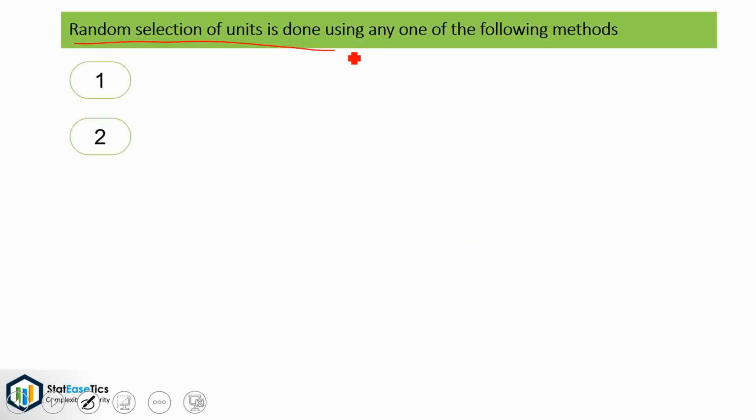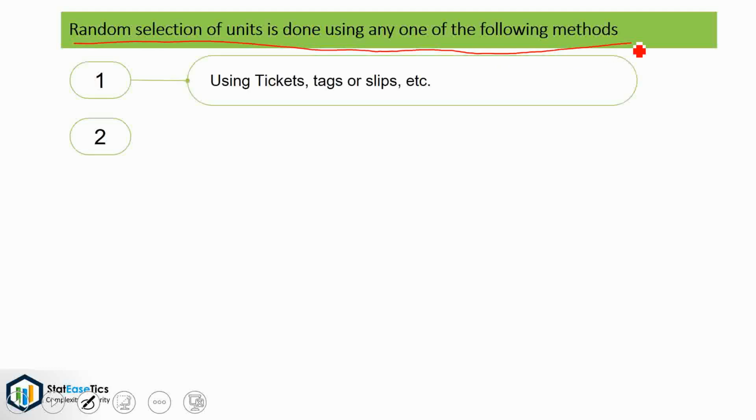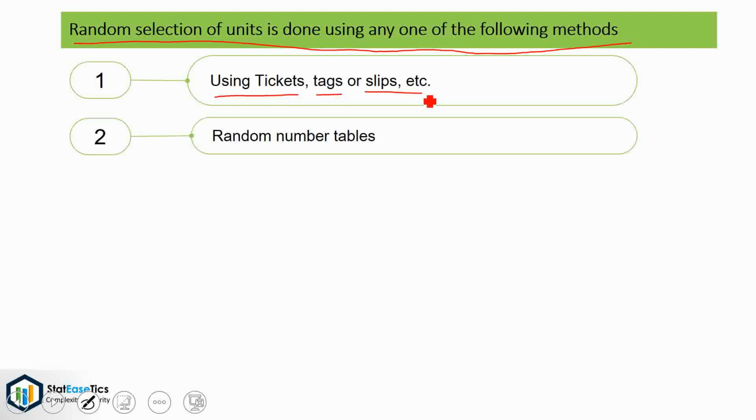Random selection of units is done by using any one of the following methods, for example, using tickets, tags or slips, or through random number tables. In case of using tickets, tags or slips, if we have a population with 100 units and we want a sample of 10 units, then we have to make 100 tickets and pick 10 tickets randomly.